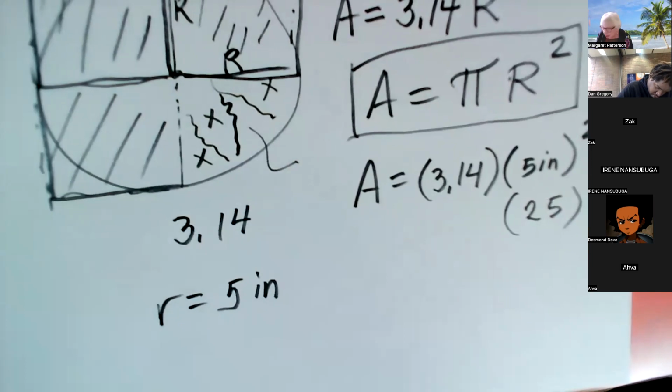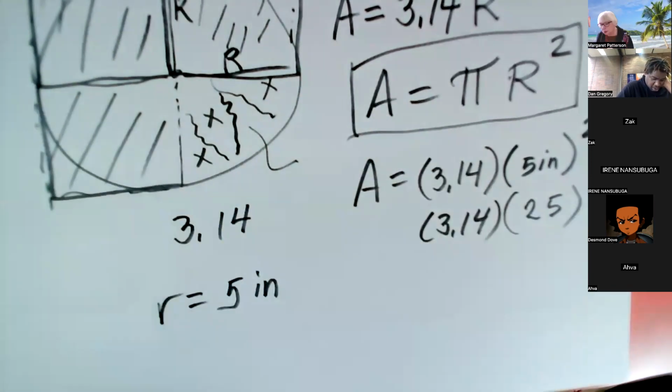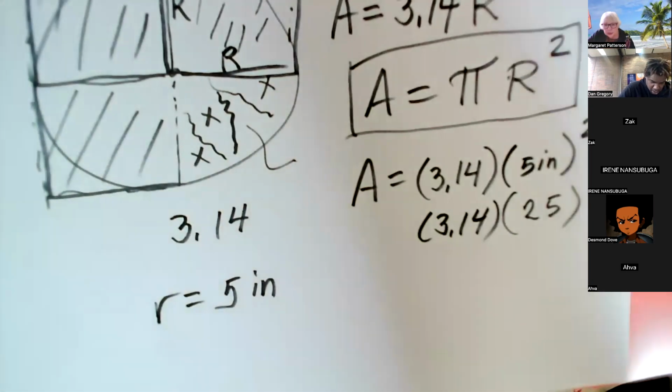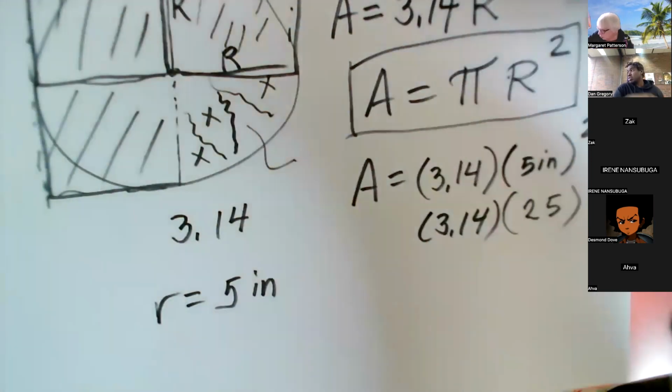And then you just pull it out. I'm pretty sure it's 78.5, but let me double check. 3.14 times 25. 78.5.